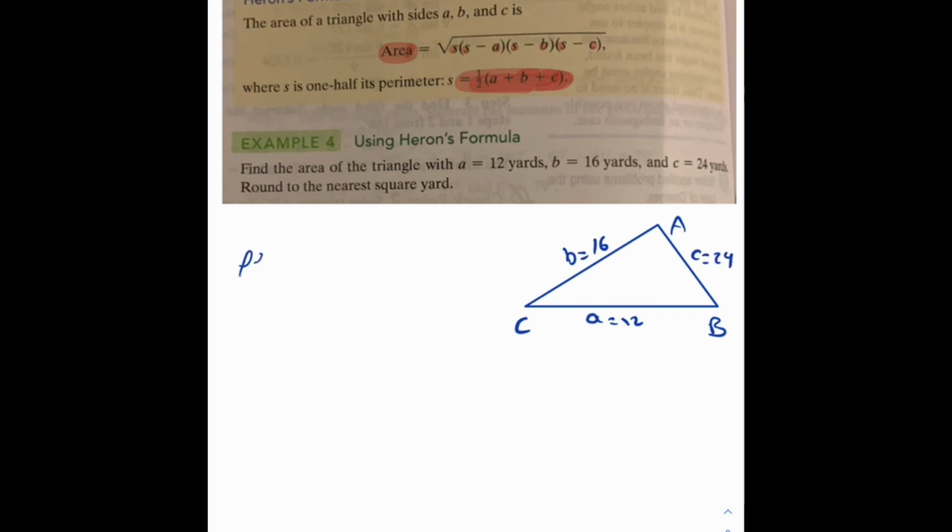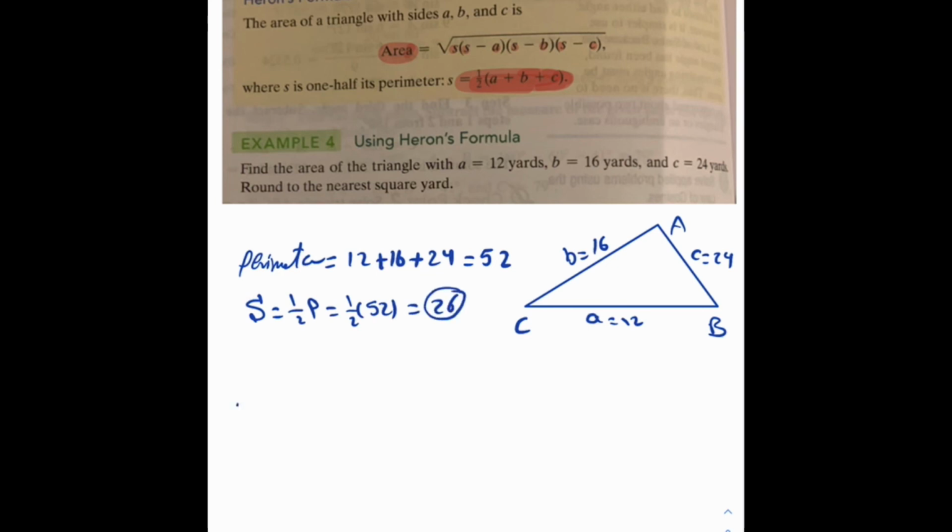First, I will find the perimeter of the triangle, which is the sum of its sides. So I'm going to add 12 and 16 and 24, which is equal to 52. So the small s, which is half the perimeter, is half of 52, equal to 26.